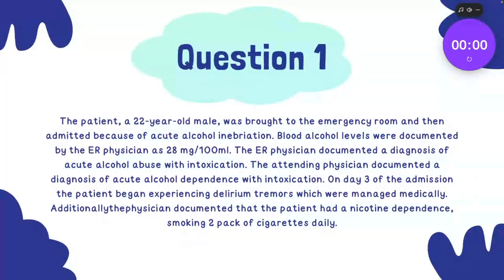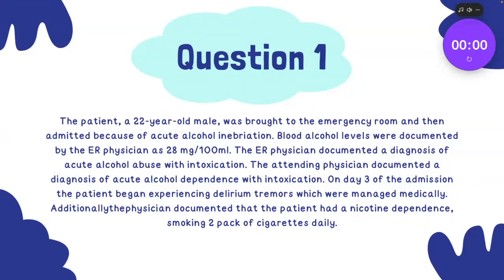All right. So the patient, a 22-year-old male, was brought to the emergency room and admitted because of acute alcohol inebriation. Blood alcohol levels were documented by an ER physician as 28 milligrams over 100 ml. The physician documented a diagnosis of acute alcohol abuse with intoxication.